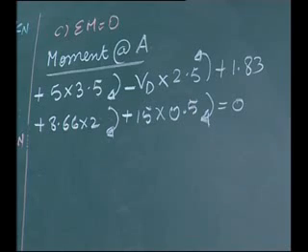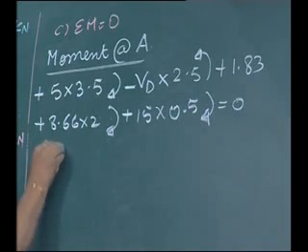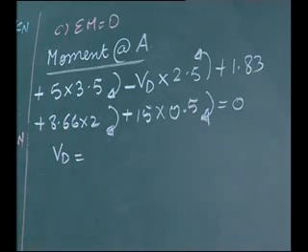So from this particular equation we can get the value of VD. What is the value of VD? We can calculate. So 5 into 3.5, plus 1.83, plus 8.66 into 2, plus 7.5.